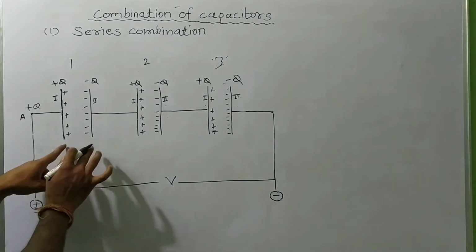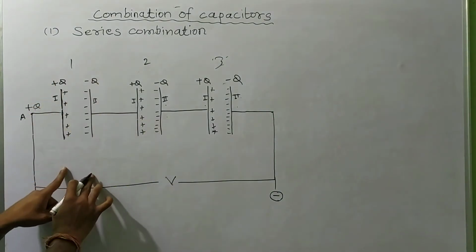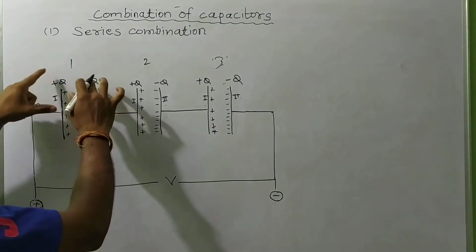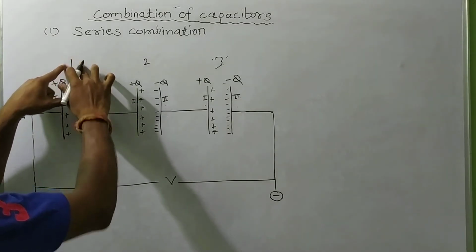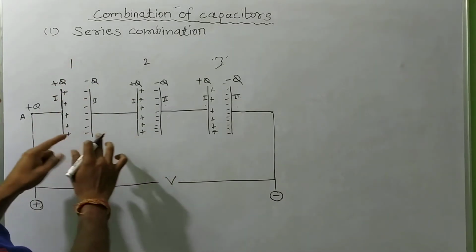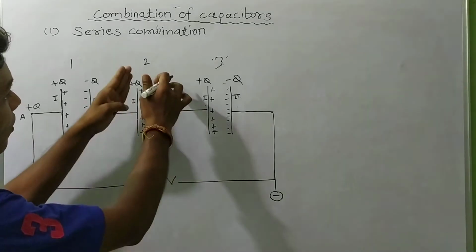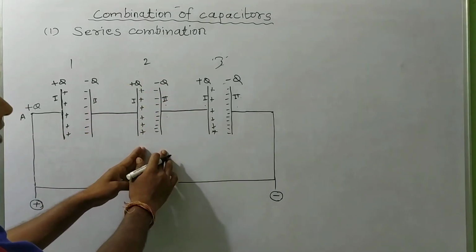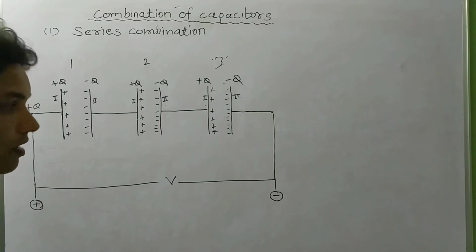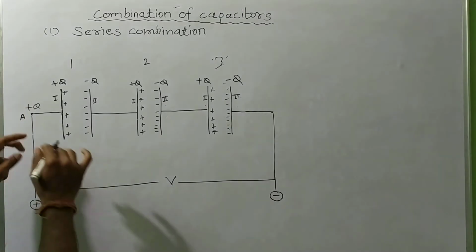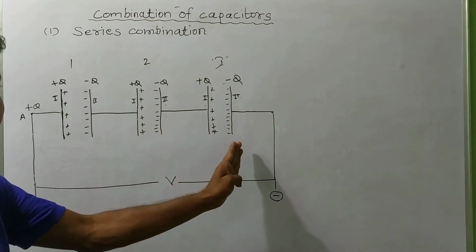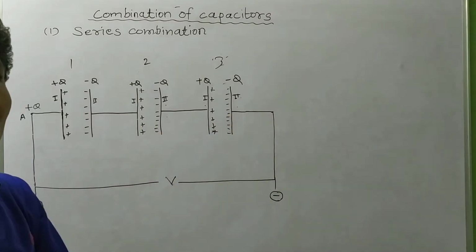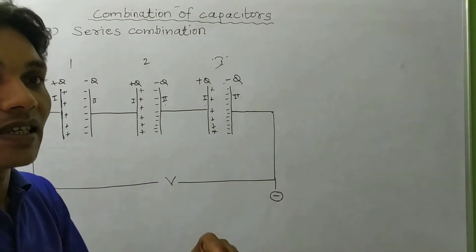So the potential between two plates of the first capacitor will be greater than the potential of this capacitor. Okay, here the conclusion is that the potential decreases with the distance.